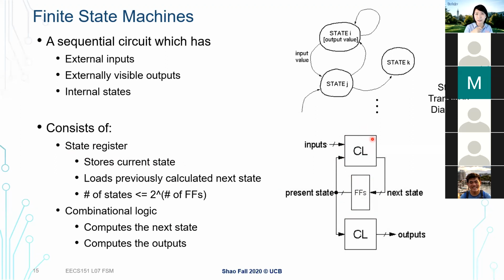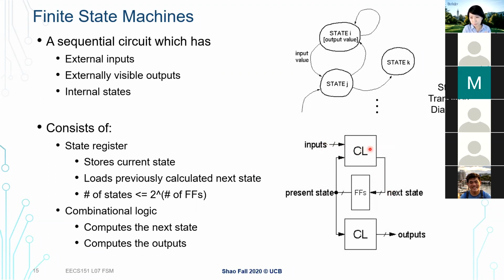If we have a limited number of states, and my design needs to go through the different states to perform certain functionalities, we need to decide what my next state is based on my current inputs and where my current state is. So that's the first part of my finite state machine. It takes the current input and the present state to decide what my next state is.